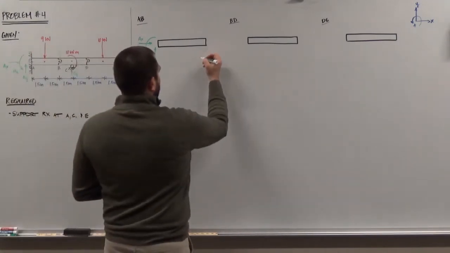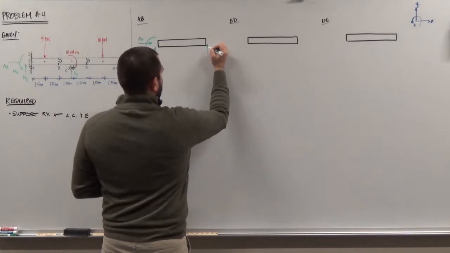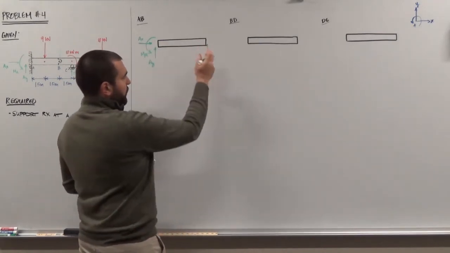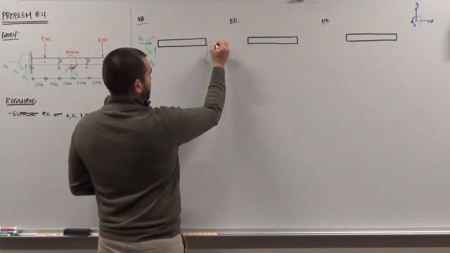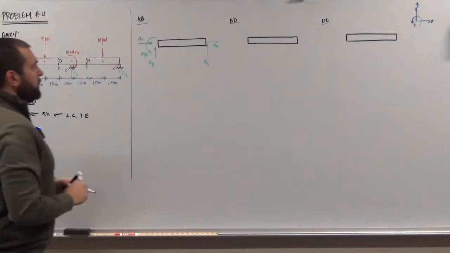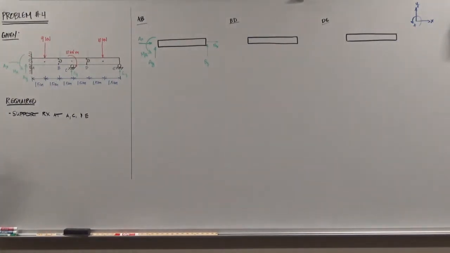And so I can assume any direction that I want. Here I'm just going to assume that in the y direction, B is reacting up. In the x direction, I'm going to assume that B is acting positive to the right. Again, it doesn't matter which way you assume, the signs will work themselves out at the end. So if you get a negative value, you know that you just assumed the wrong direction.